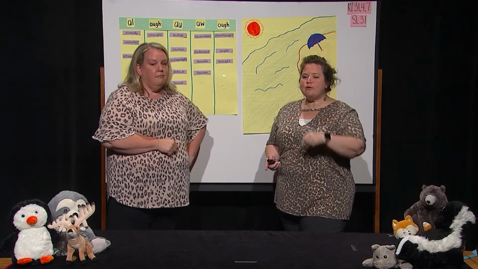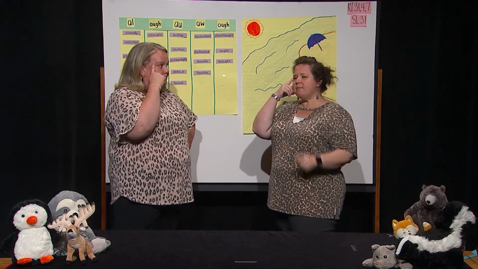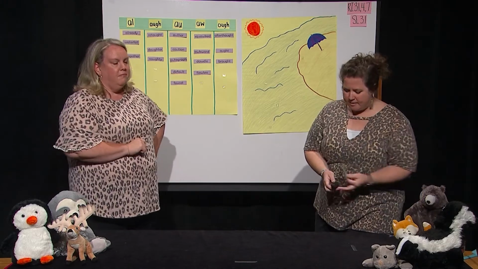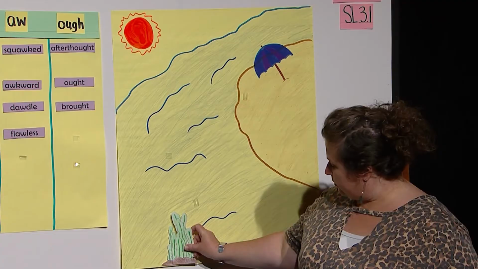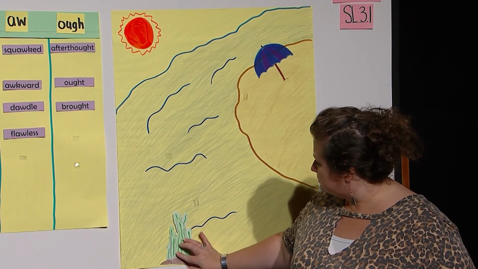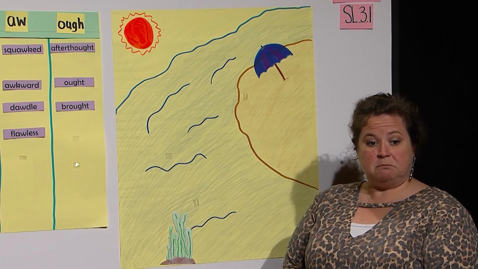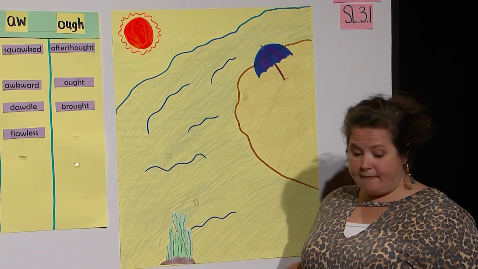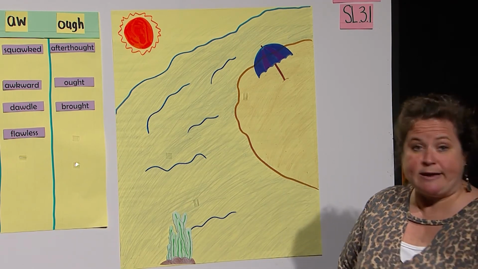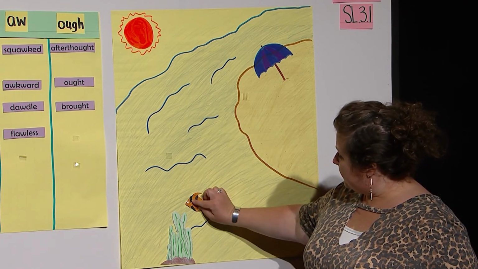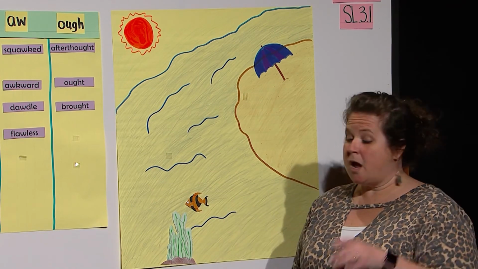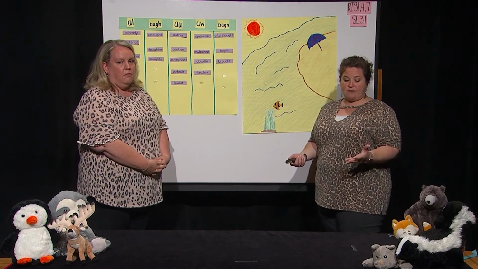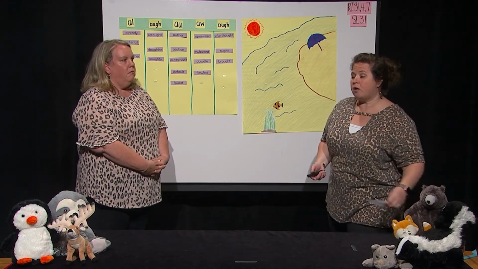Maybe your food chain looked a little bit like this. Maybe we could add seaweed here at the bottom of our ocean habitat. And then next, we know that some small fish can consume that seaweed. And we've also learned that slightly larger fish can consume smaller fish.